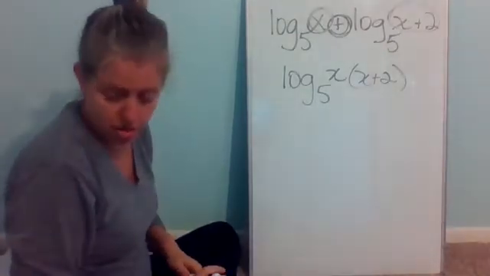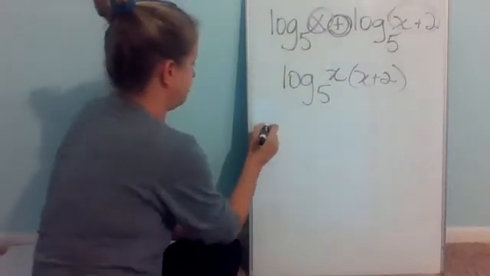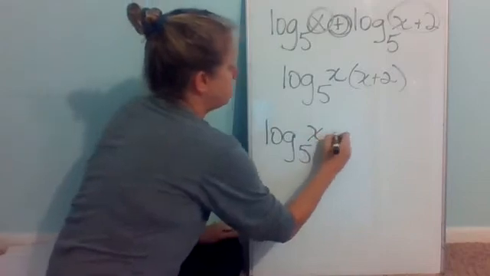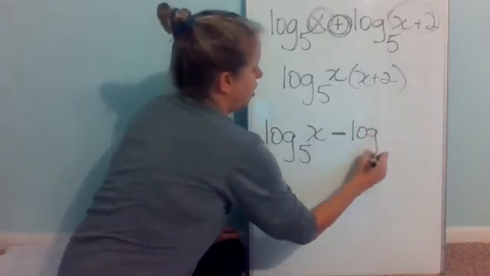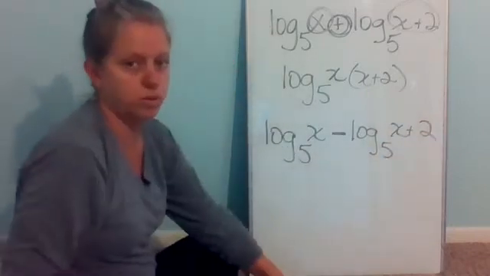We also learned another property. I'll just use the same number. Say I had log base 5 of x minus log base 5 of x plus 2.